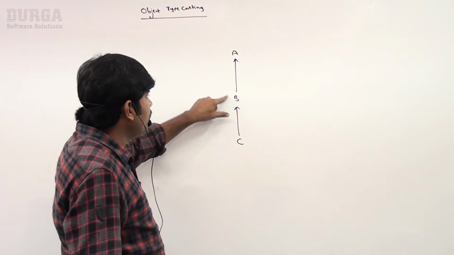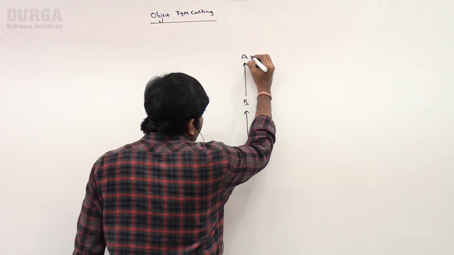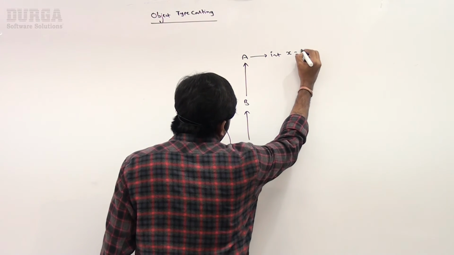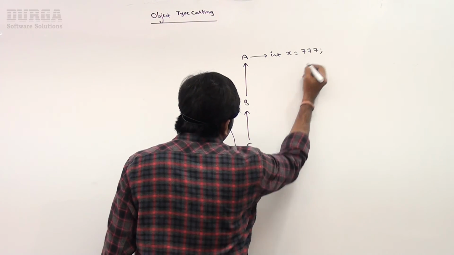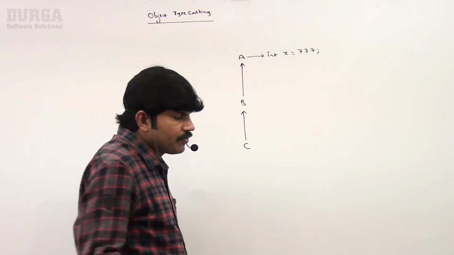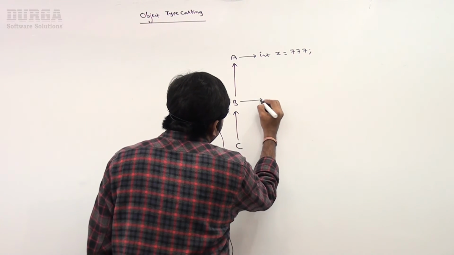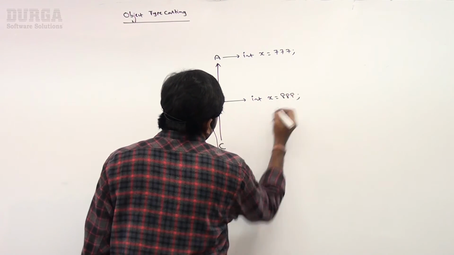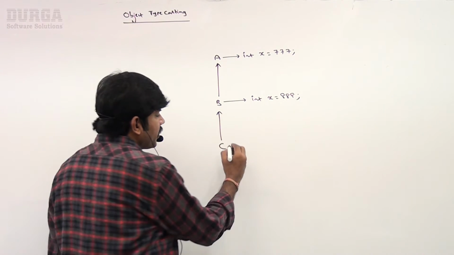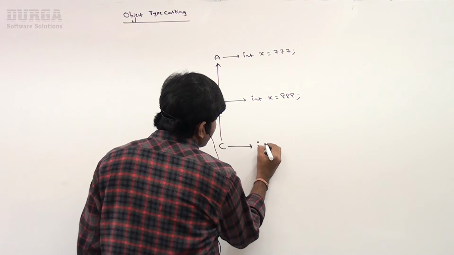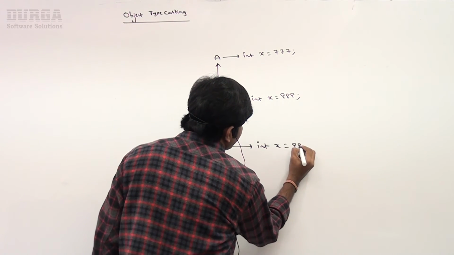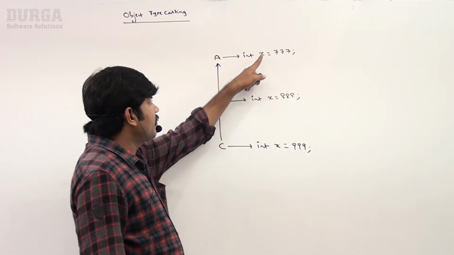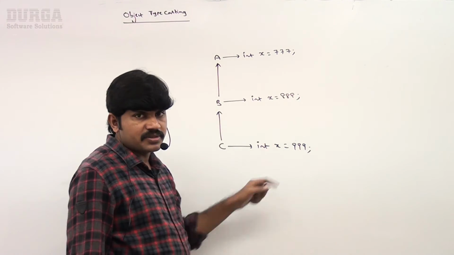C is the child of B, and B is the child of A. Now A has int x equal to 777, B has int x equal to 888, and C contains int x equal to 999. Every class contains a variable with the same name but different values, right?